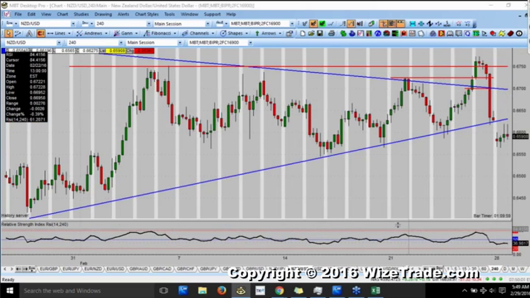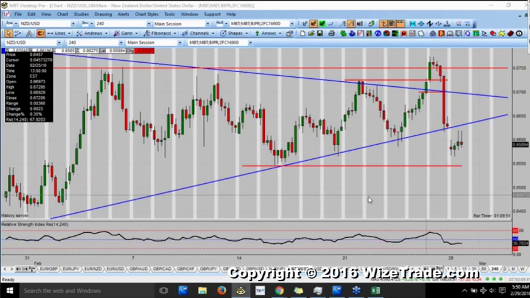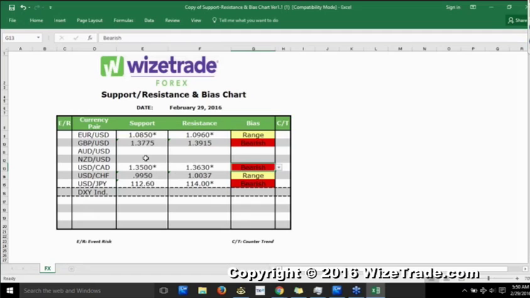Think about tomorrow's dairy auction results. If we break through the 65.50, this Kiwi is going to be in some hot water. That's not guaranteed to happen, but 65.50 is extremely important support for bulls. I'll put two asterisks there.